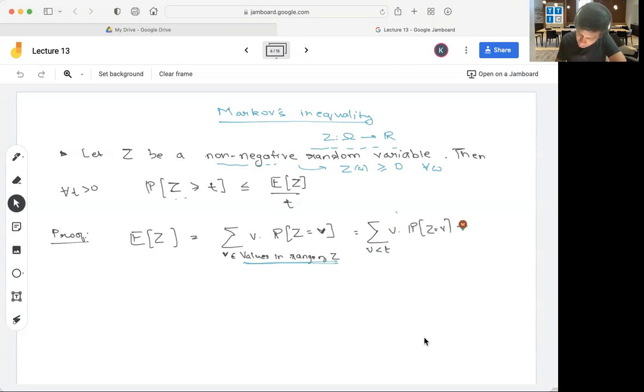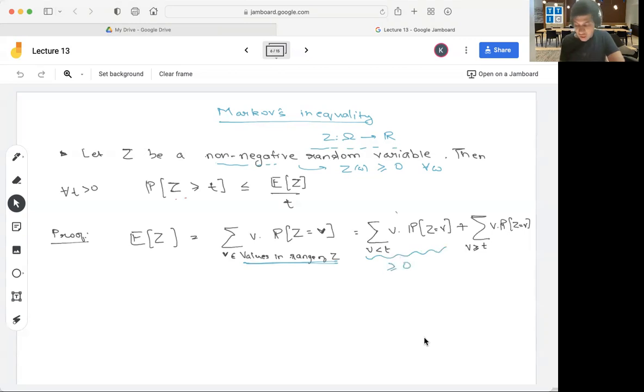So let's break this summation into two parts: over all values which are greater than or equal to t, and all values which are less than t. And for this part, I'll just say that it's greater than or equal to 0.